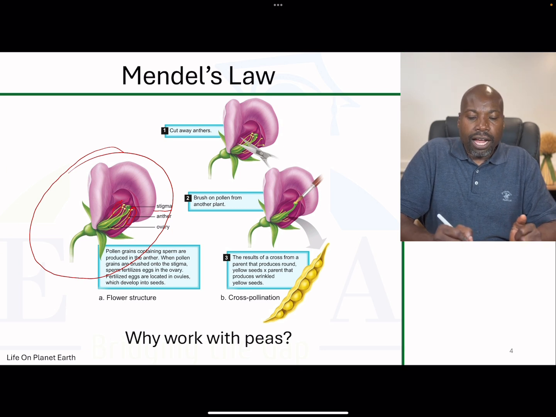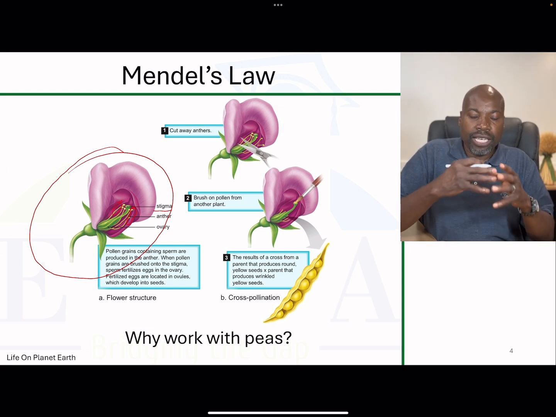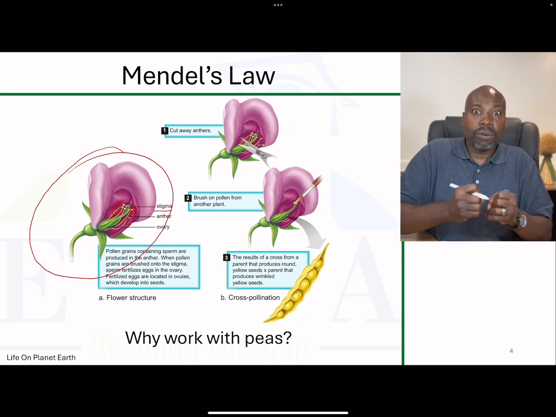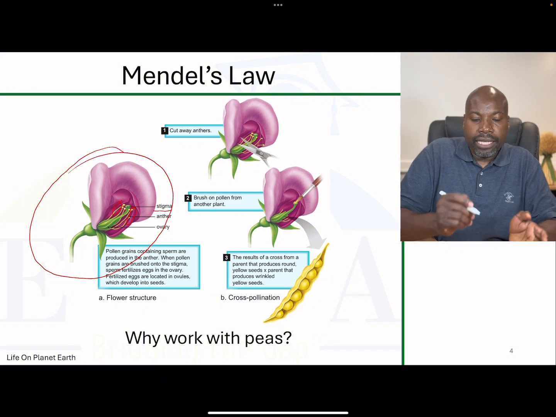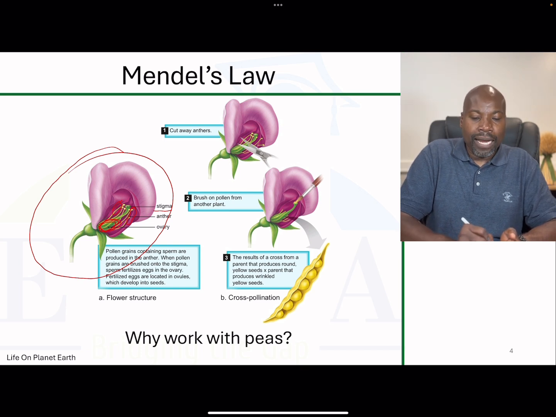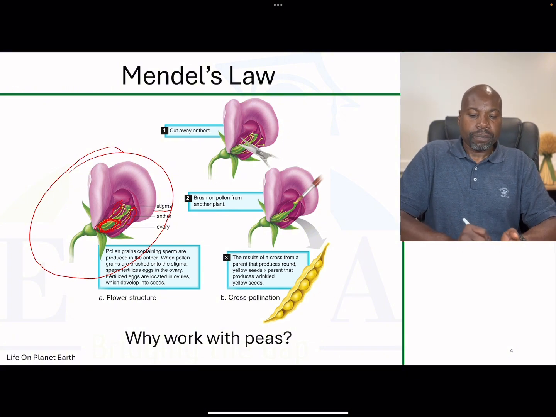These anthers are going to house the pollen. When they open, they release pollen, right? While the egg is going to be right at the base of the structure of the plant, right? Going into the stigma, going very much down, the egg is going to be down here, okay?